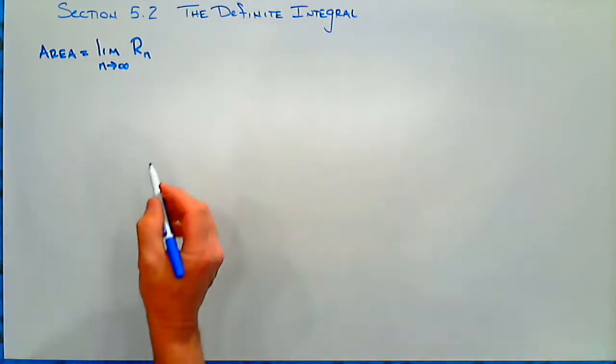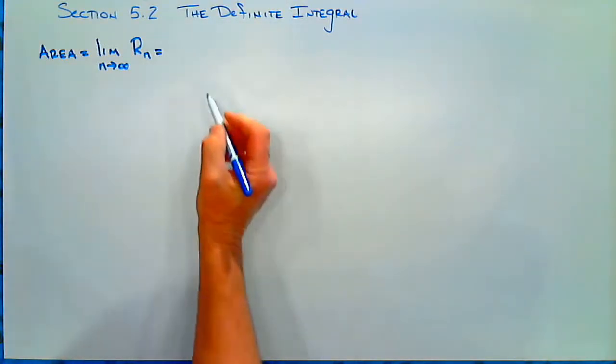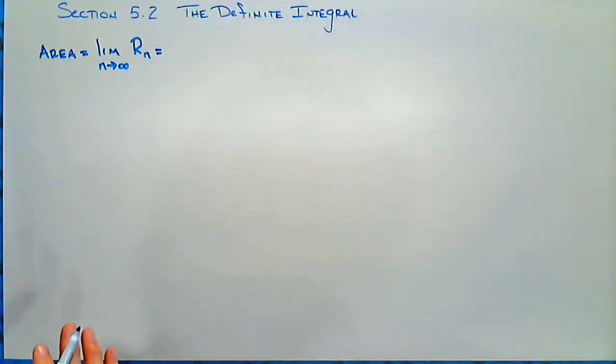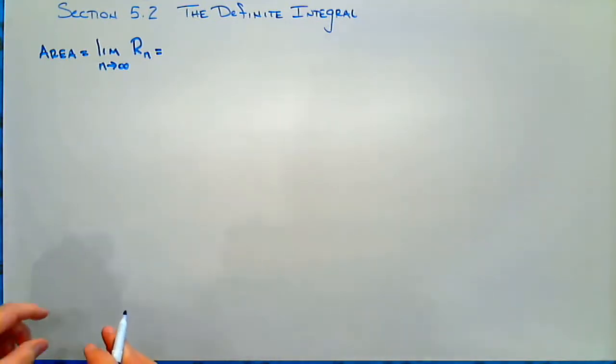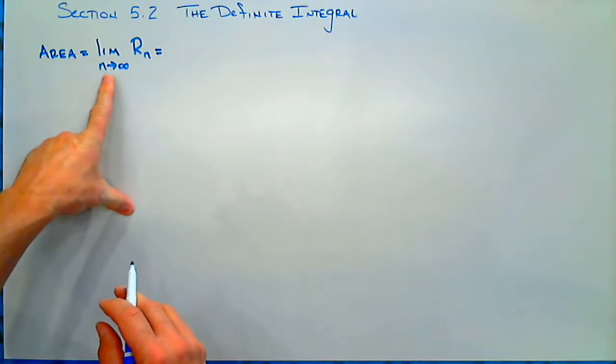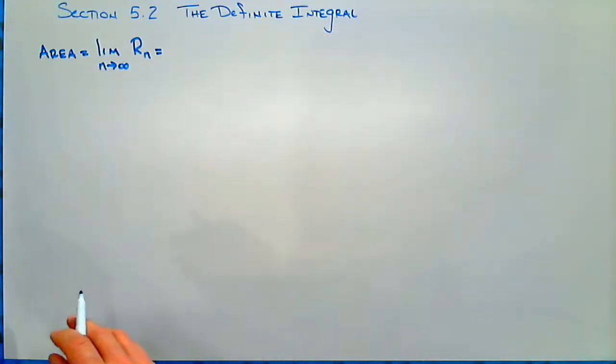What we said was that this was equal to a sum of n rectangles added together, and then we took the limit of that sum. That's what R sub n was.